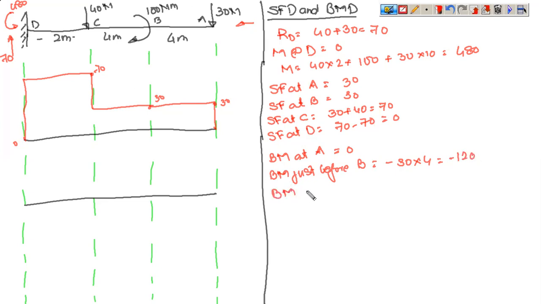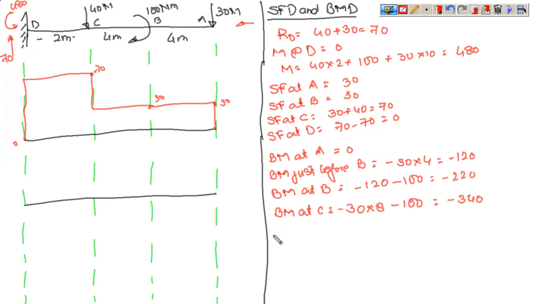Again, BM at B, this is minus 120, and this is also a clockwise moment. This is another 100. So this is minus 220. Now BM at C. So BM at C is 30 into 8, because 30 is at a distance of 8 meters. This is minus, this is clockwise, and then you have this minus 100 remains as usual. So this is 240 and this is minus 340.